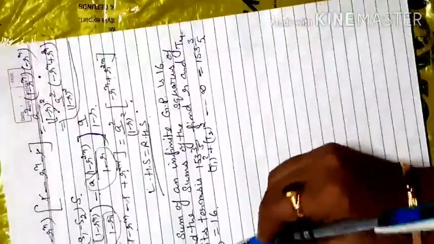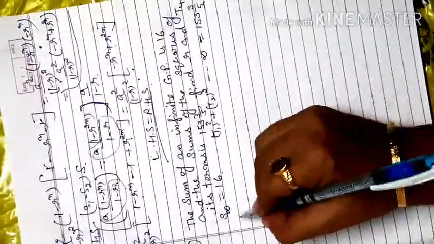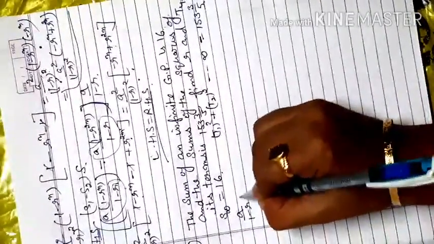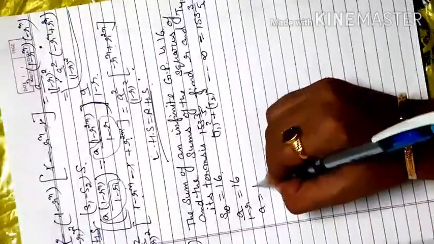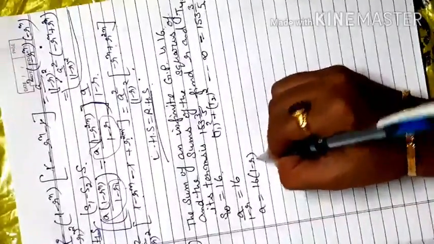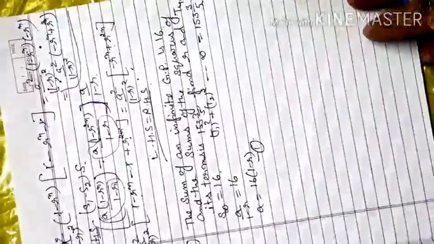So if you apply the sum of infinite terms, that is a upon 1 minus r is equal to 16. If you extract a value from that, a is 16 into 1 minus r. Keep this as equation 1.